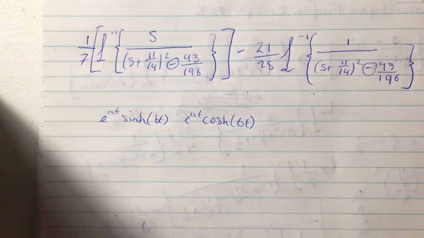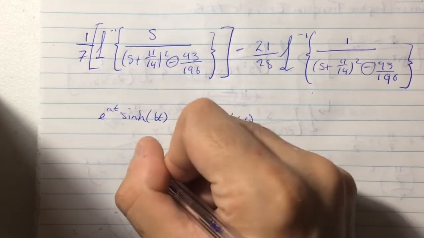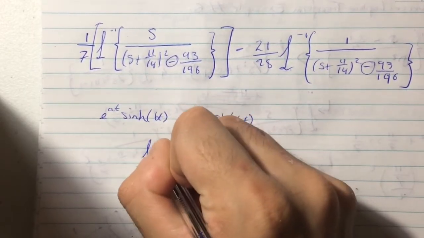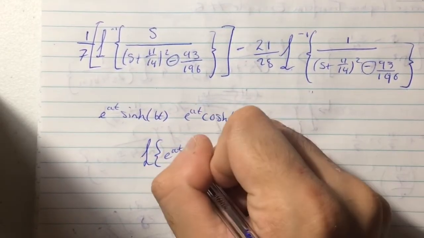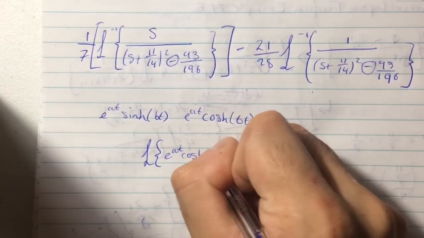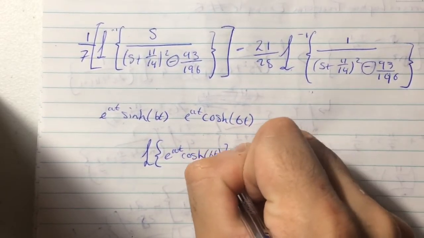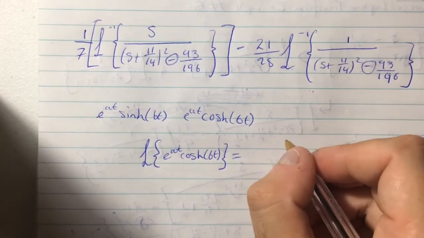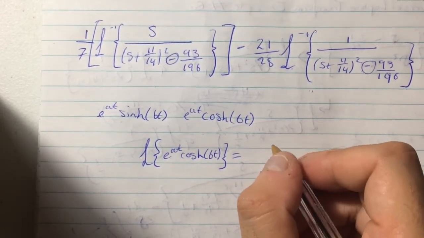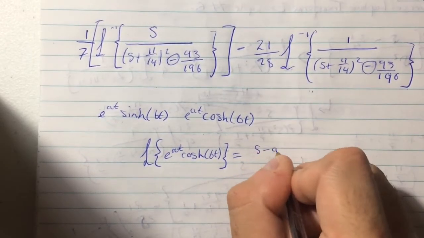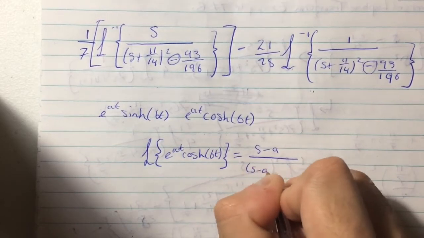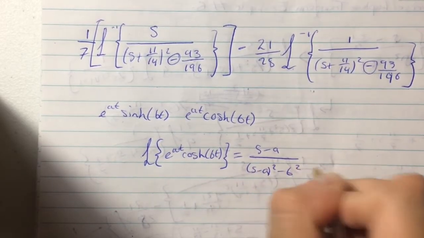So what do I do here? If you want to take the Laplace transform of e to the at cosine hyperbolic of bt, that's going to give you, reading this off of a table, s minus a over s minus a squared minus b squared.